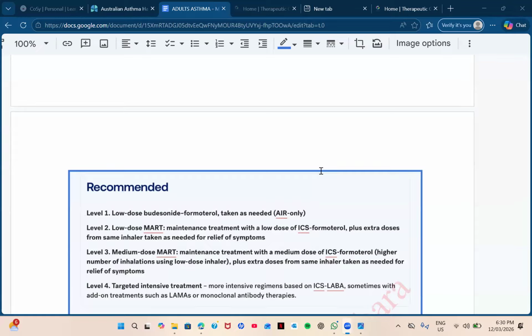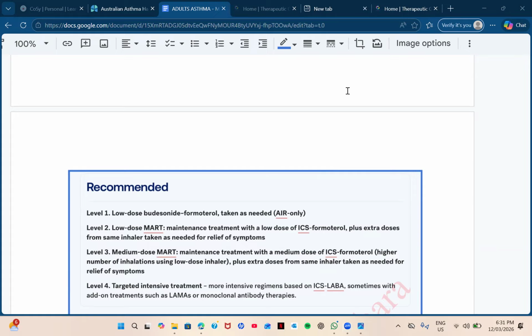That means instead of using two inhalers, one corticosteroid inhaler as the preventer and a salbutamol inhaler as the reliever, we are using one inhaler for both purposes. The best example is budesonide formoterol, the BF.